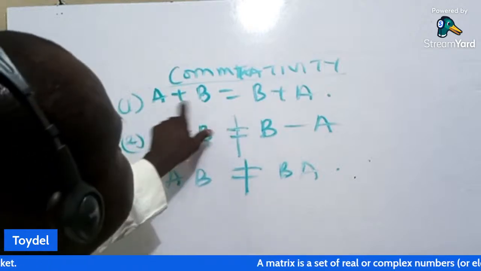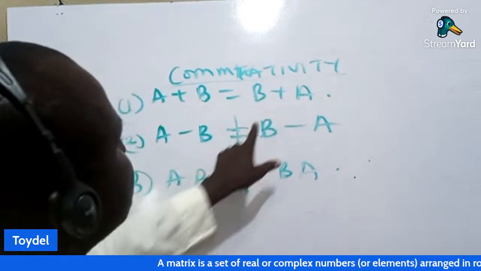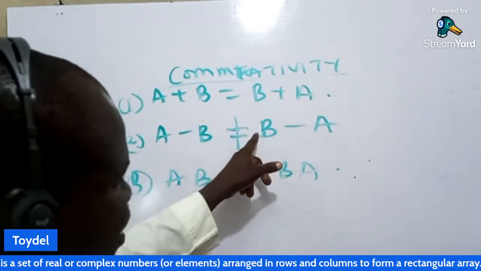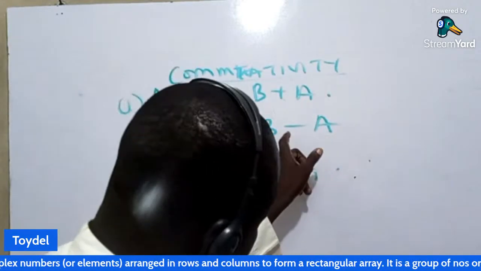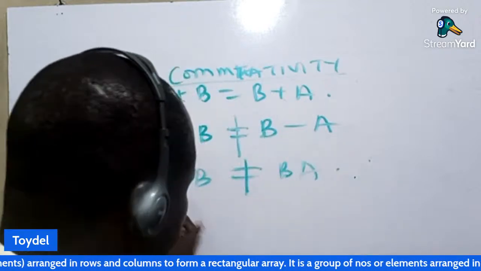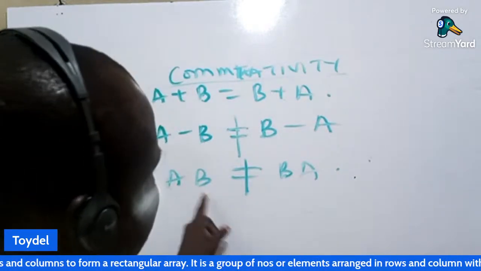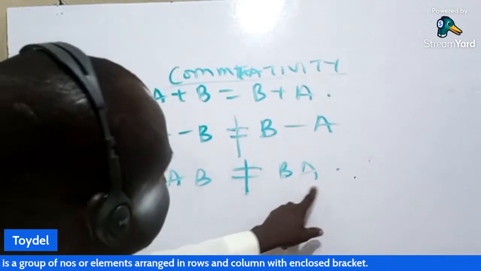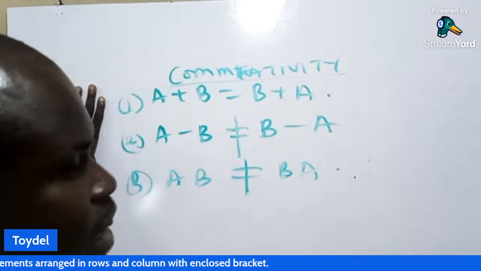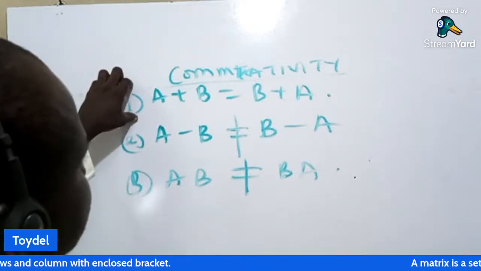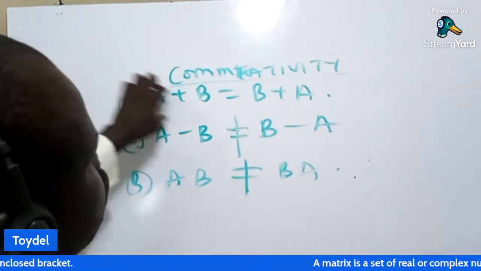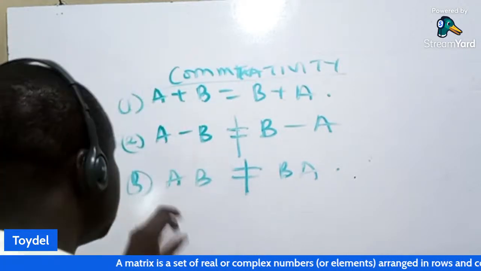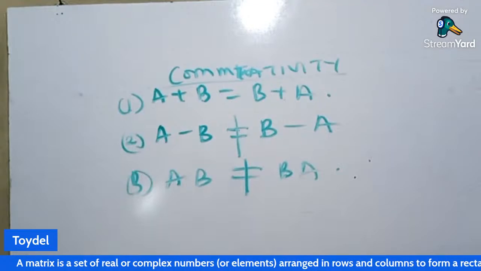When you add two matrices together, you get the same answer. When you subtract one matrix from the other, it's possible to get equal results, but in general it's not always equal to B minus A. Multiplication also, A times B is not always equal to B times A. So in general, addition of matrices is commutative, subtraction of two or more matrices is not commutative, and matrix multiplication is also not commutative.